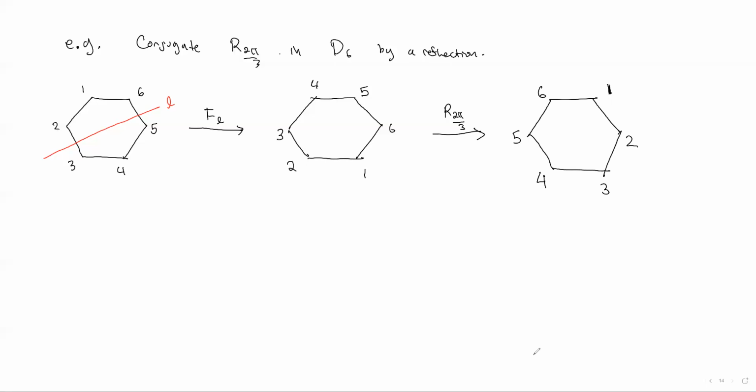Again, there's the thing I said before, that conjugation corresponds to a change in perspective. So we can look, after we've applied FL, at what r to pi over 3 does. Relative to where 1, 2, 3, 4, 5, 6 are, what is r to pi over 3 actually doing?